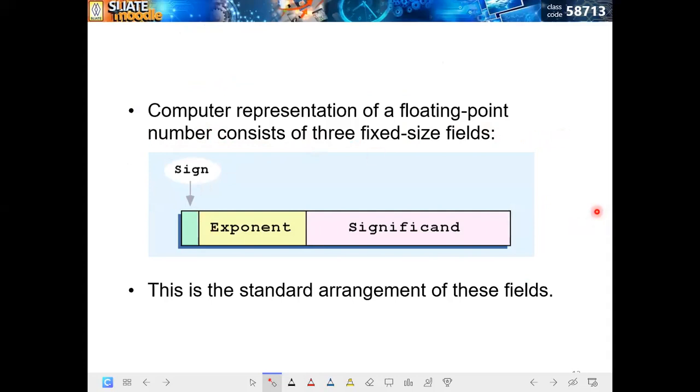If we are going to represent a floating point number in a computer, there are 3 areas. The first section is for the sign, whether the number is positive or negative. Then the next part is to represent the exponent. Then the third part is for the significand, right? Actually the significand is this part.